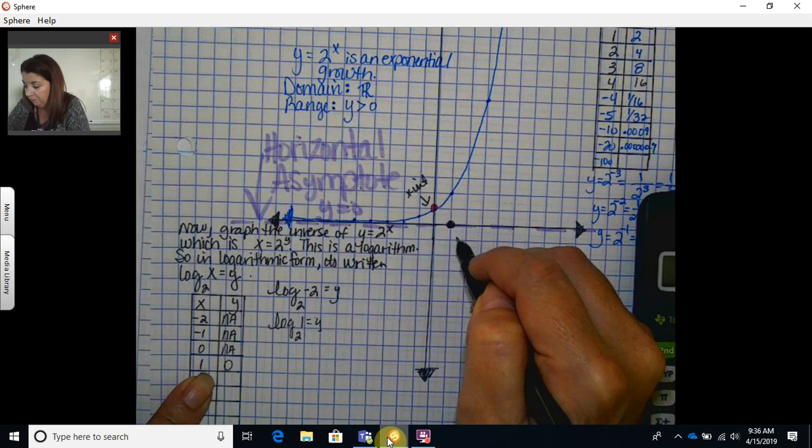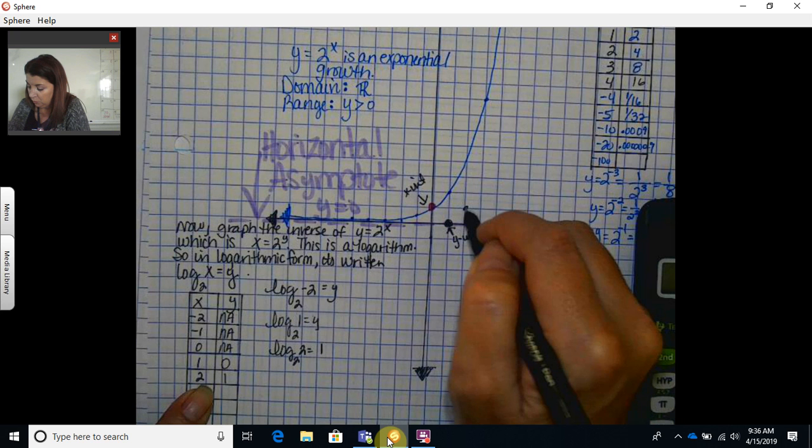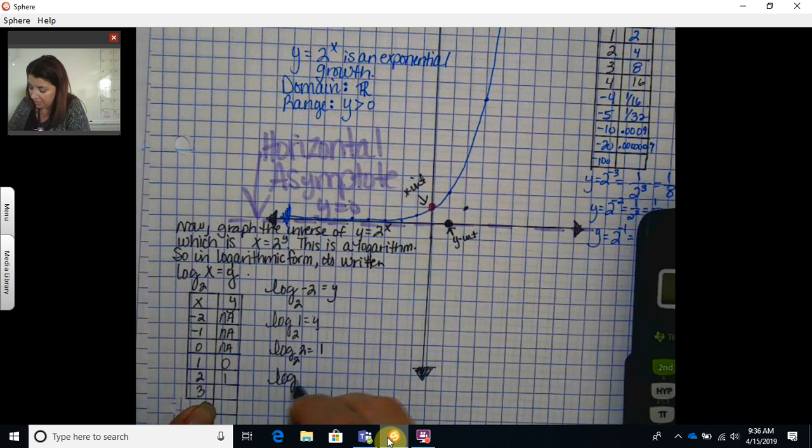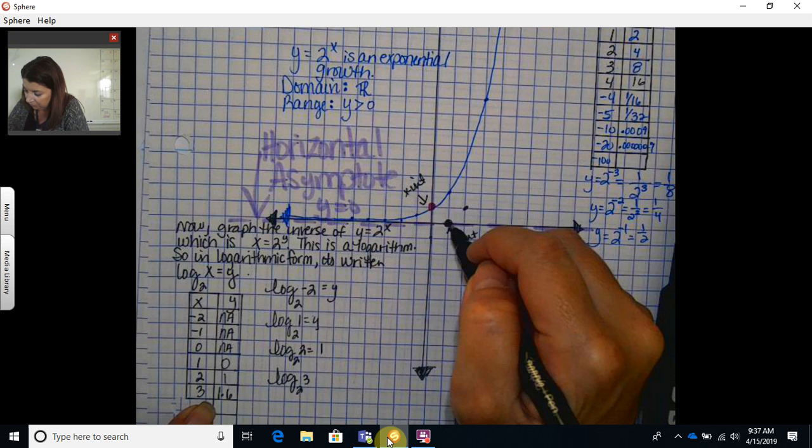This graph has a y-intercept. Okay, 2. What's log base 2 of 2 going to give me? 1. So when x is 2, y is 1. Let's try 3. Log base 2 of 3. 3 log divided by 2 log is approximately, we'll go with 1.6. How about 4?